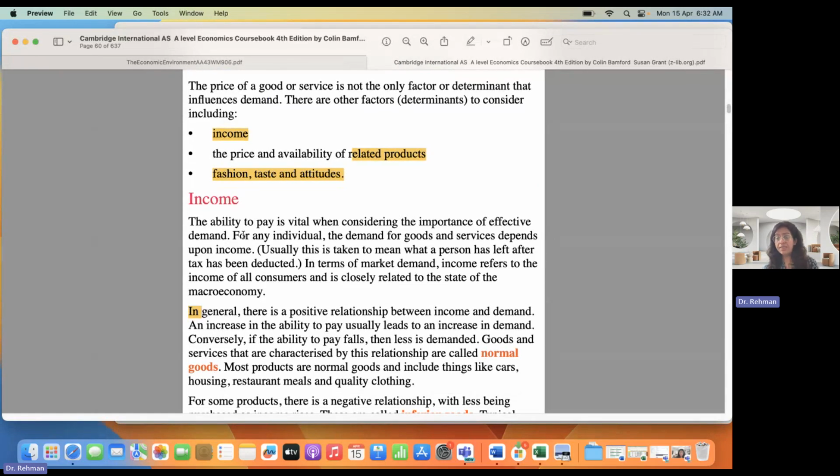If generally the income of people increases, the demand for goods also increases. But this is a case only with normal goods.